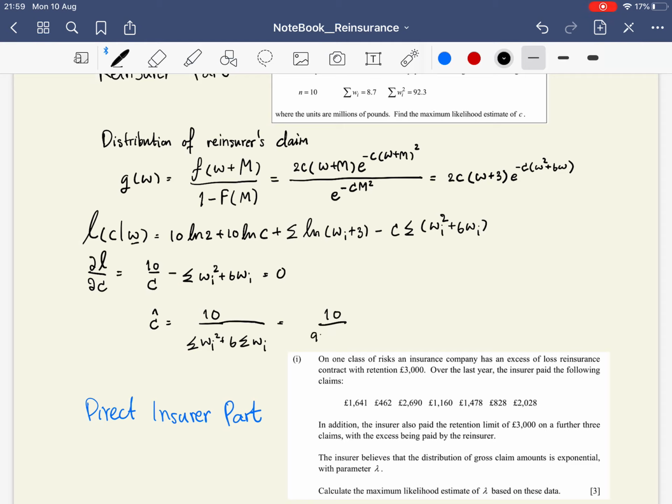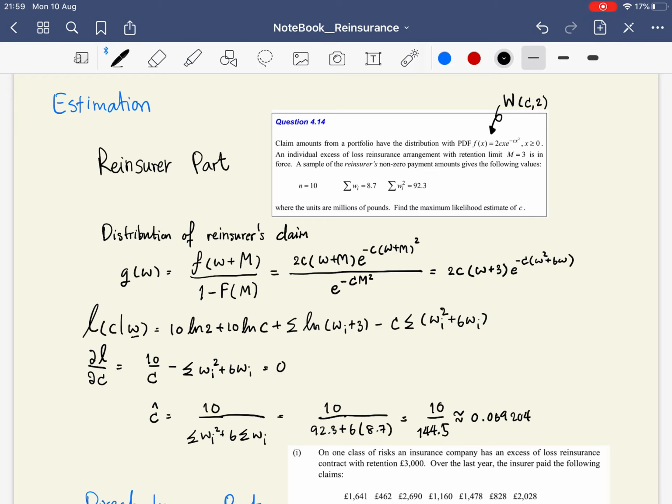Which is 10 over 92.3 plus 6 times 8.7. So we have 10 over 144.5, or approximately 0.069, okay, and that's it. That's how it is done for the reinsurer.